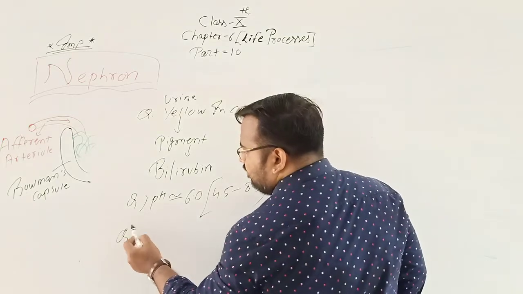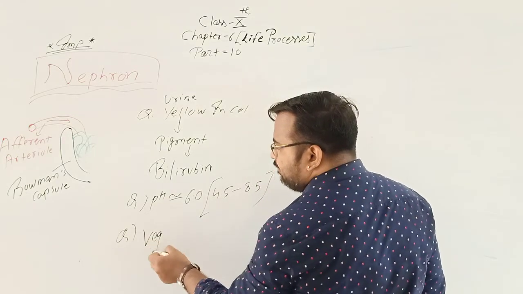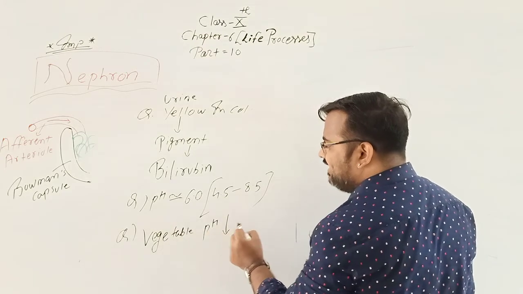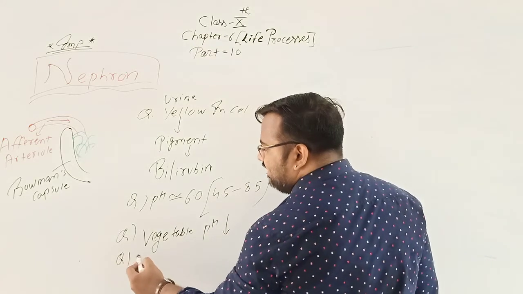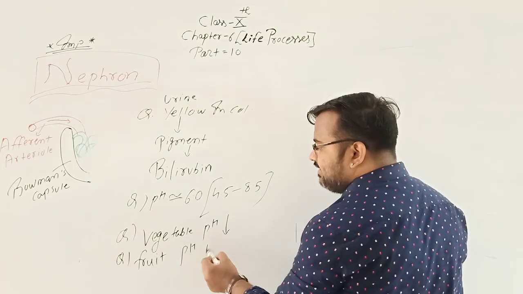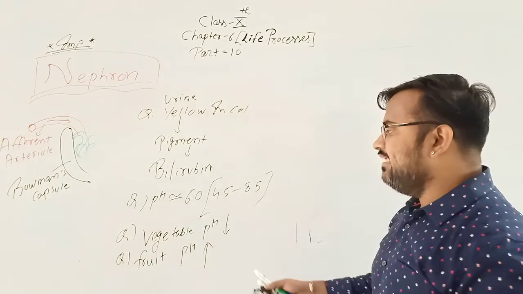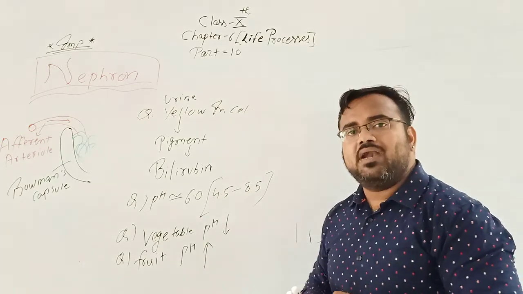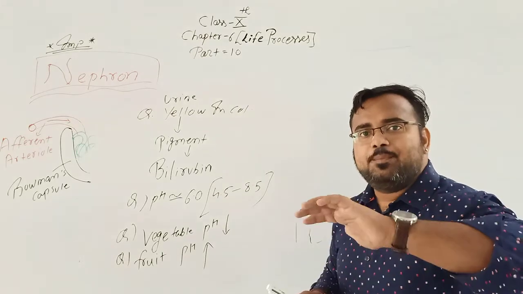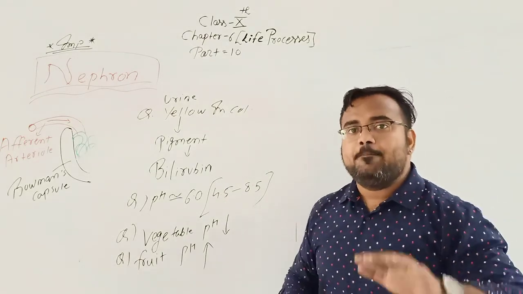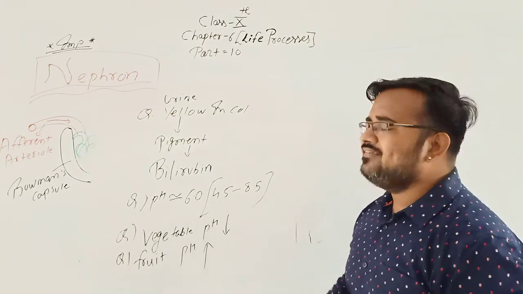When we eat vegetables, the pH will decrease, and when we eat fruit, the pH will increase. So depending on our food consumption, the pH of urine can vary, but the normal average pH of urine is 6.